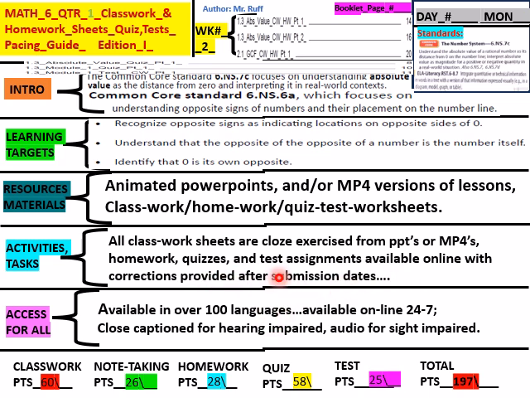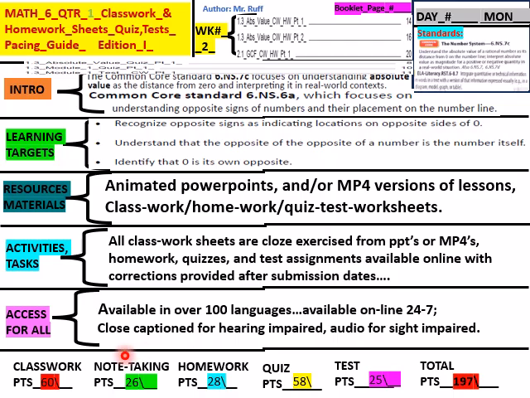And then your test assignments available online with corrections provided after submission dates, after the student submits their test or quiz. And then access for all, available in over 100 languages, available online 24/7. And they are closed captioned for hearing impaired, audio for sight impaired in 100 languages.